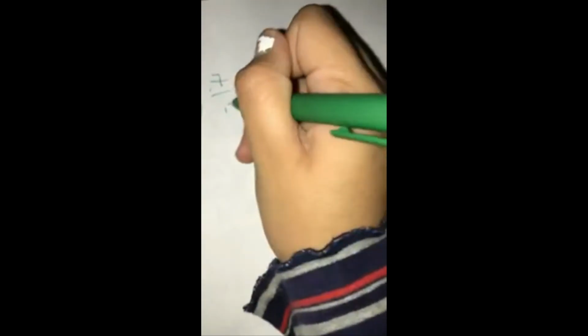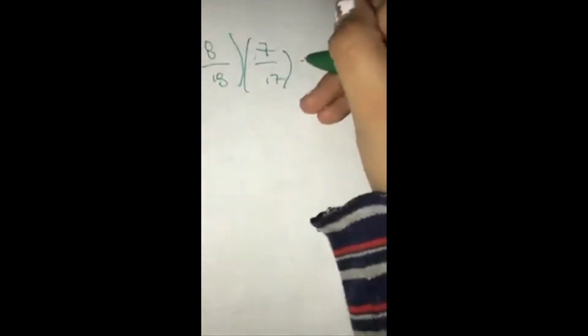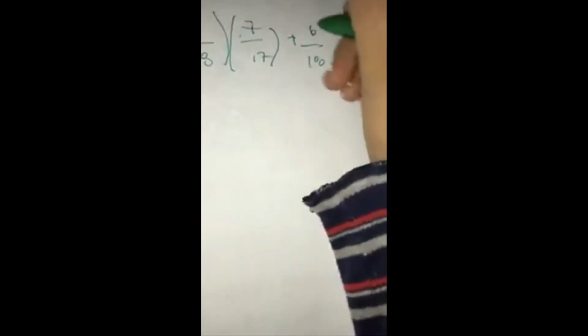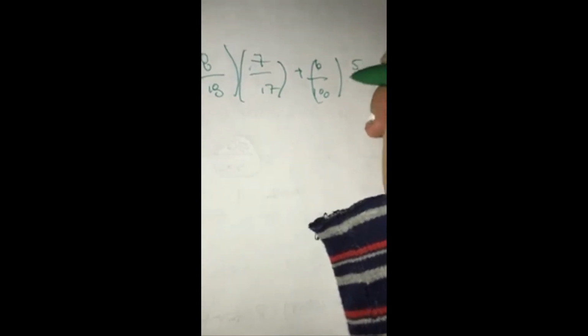So it is going to be 6 over 18 times 7 over 17, plus 6 over 18 times 5 over 17, plus 4 over 18 times 3 over 17.